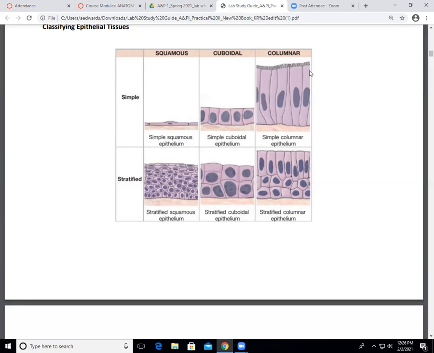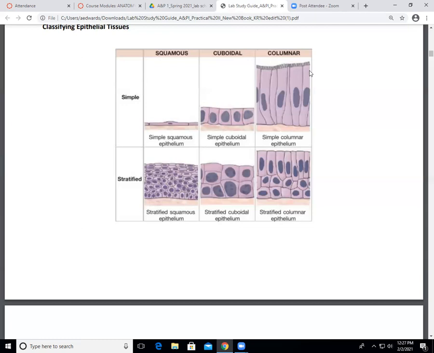If you have multiple layers, again, just that apical layer has to be rectangular or columnar. You have multiple layers, and the layer that's sort of open to the outer surface, if that is columnar, we consider that columnar epithelium. So this is stratified columnar. Okay.